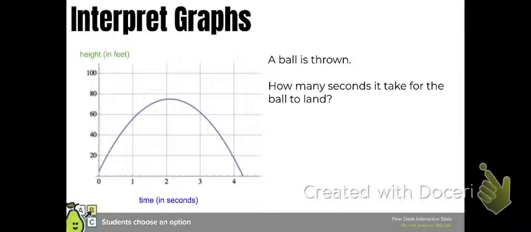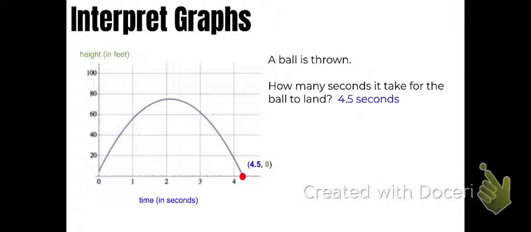If it says how many seconds did it take for the ball to land, again, think about those key points on your graph. Which of those points are we looking at? This point here is showing us that at 4.5 seconds, it is 0 feet off the ground. So it's back on the ground, it has landed.